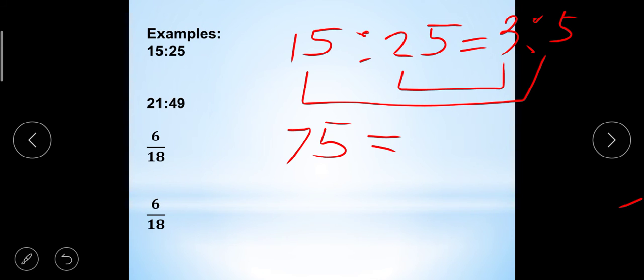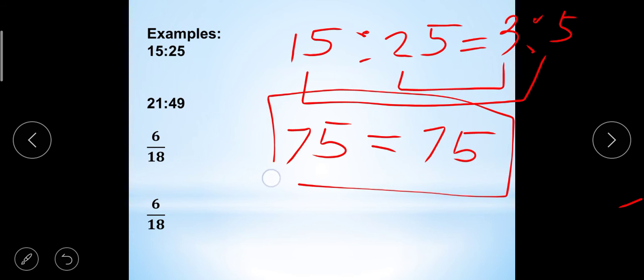Ilan po? 15 times 5. Gem? Okay, 75. So, ibig sabihin, nakakuha tayo ng equal number from the product of our mean and the product of our extreme. So, ibig sabihin, that 2 is proportion.